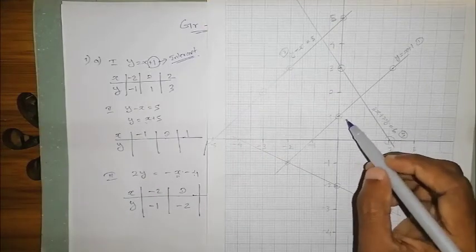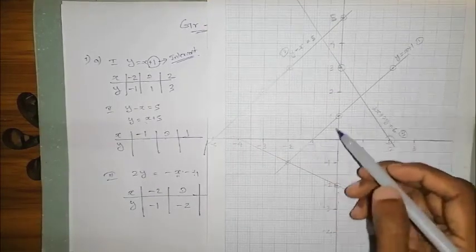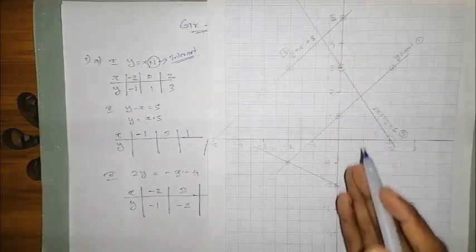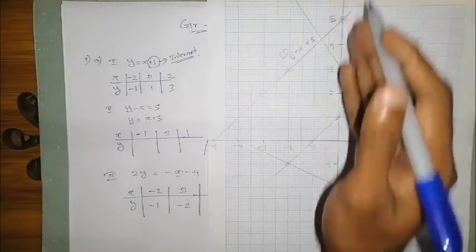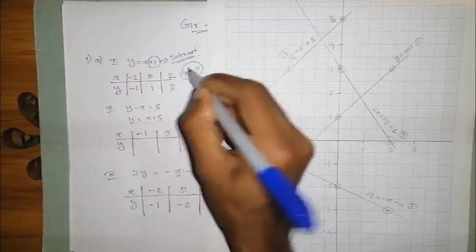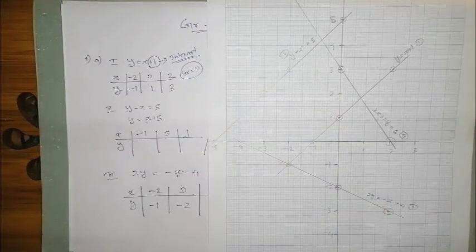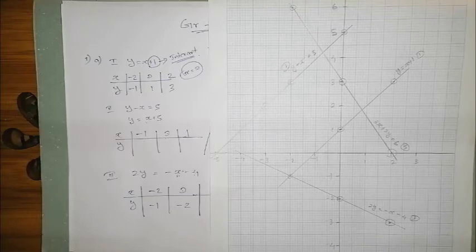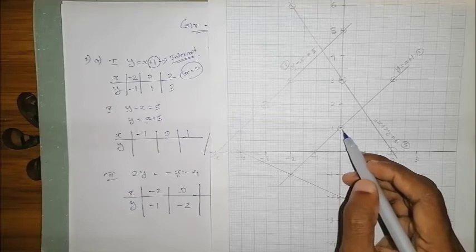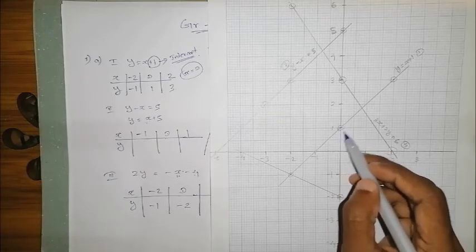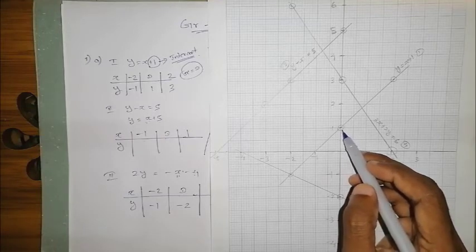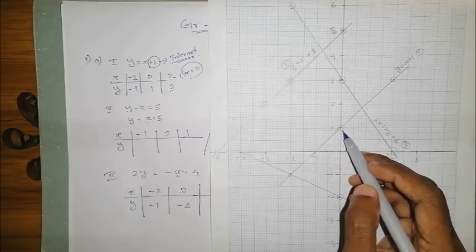Okay, if a straight line graph intersects the y-axis, the x coordinate is always 0. The y-axis passes through x equals 0. So the coordinates of the intersection on the y-axis are 0, 1.